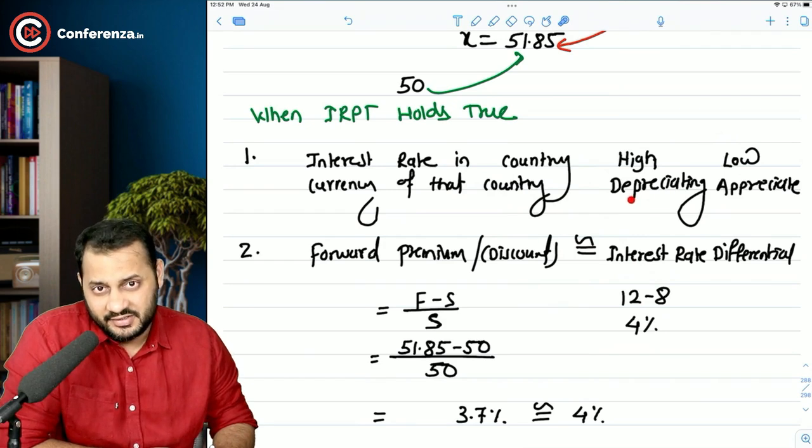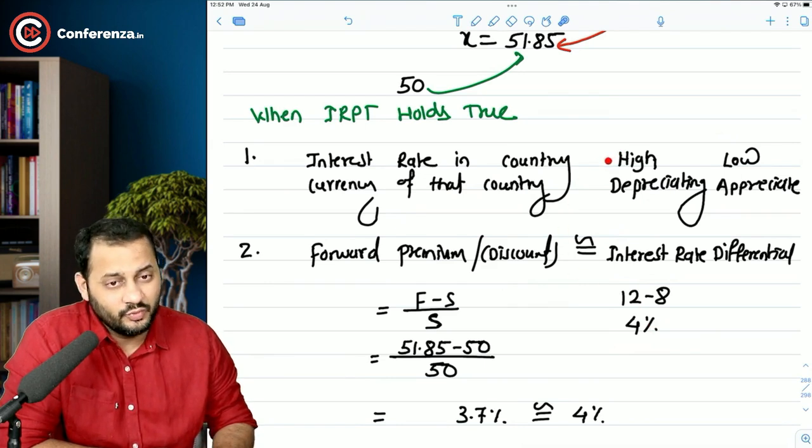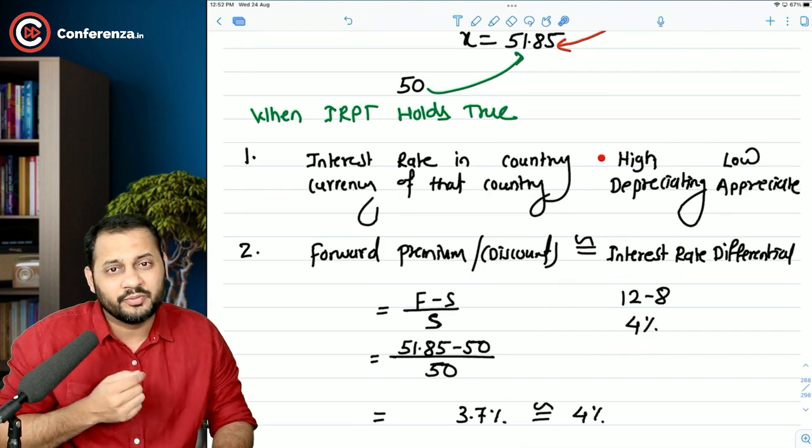So understand, if the depreciation in the high interest rate currency is more than the interest rate differential, then you have to do exactly opposite. So instead of investment now, you will start borrowing. Borrow at high interest rate currency and you will end up with arbitrage gain. So you understood the procedure.